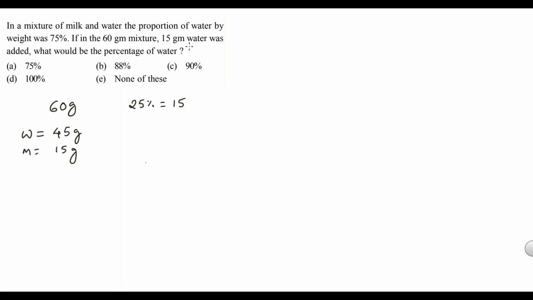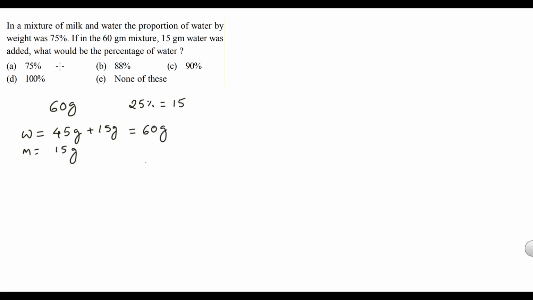If 15 grams of water was added, already the mixture is there, and if I'm adding another 15 grams of water, then what is the total quantity of water? Total quantity of water, 60 grams. Right?